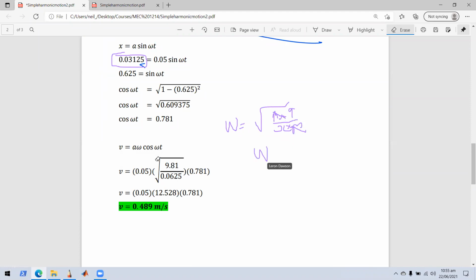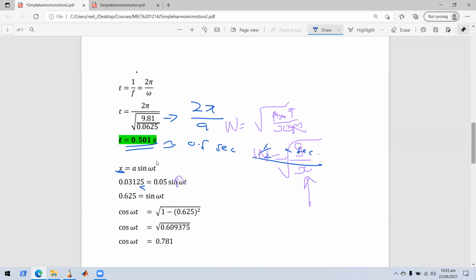So now omega is equal to g over x. Wouldn't this x change down here, sir? That's not x. That's not the same x.